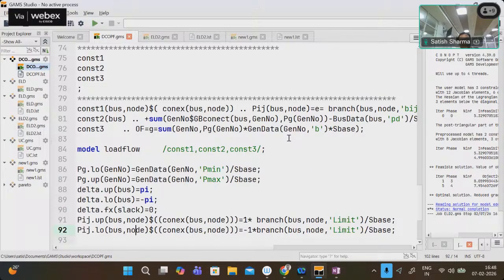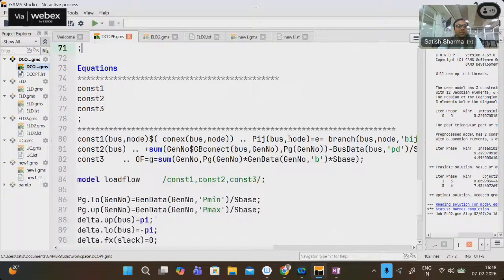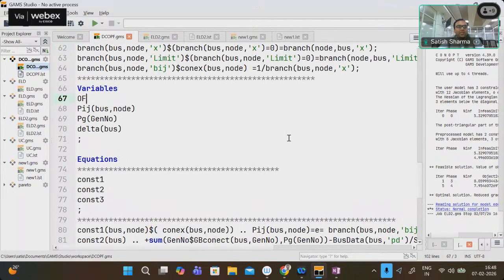Okay. Then one more thing is, the formulation which we have written, we do not use Pij as a variable in this particular code. Basically, the variable Pij is defined as a variable, you can see here.